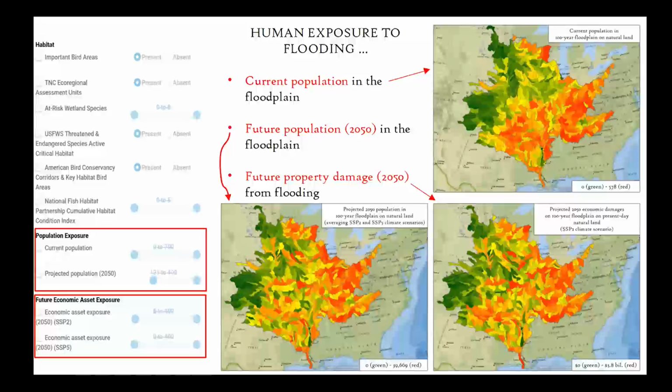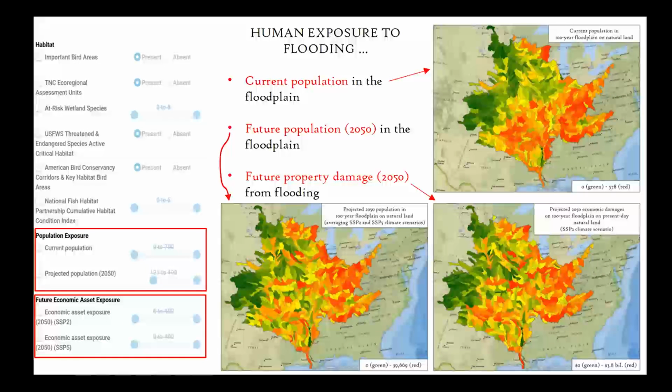We then use the same reasoning to look at projected property damages in 2050. So here, what we've done is we've brought together flood depth, which is something that we have in our model, with projections from the EPA about where various types of built structures are going to be in the future, which is in part driven by climate forcings in their model.